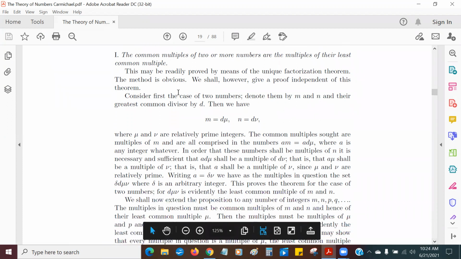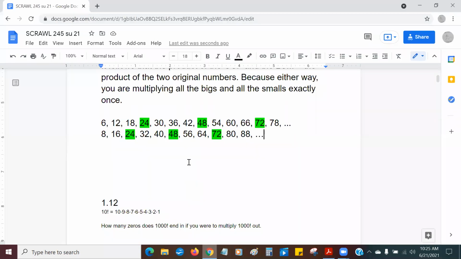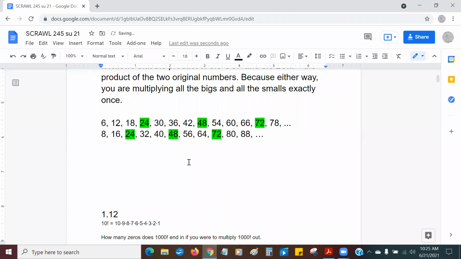So we're going to give a proof as follows. Consider the fact that in the case of two numbers, let's call them M and N. So M is my first number and N is my second number. Let's say that these two numbers have a greatest common divisor, which is a different concept, and we're going to call that D. So M is D times some leftover, N is D times some leftover.